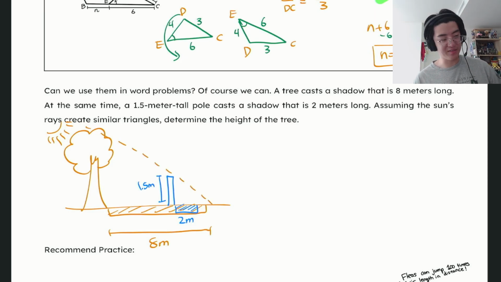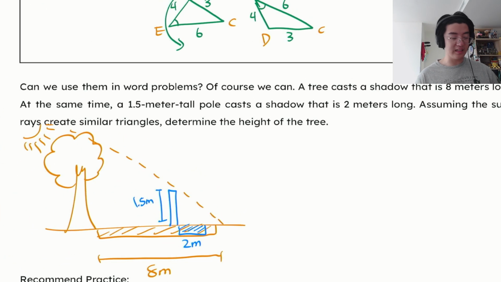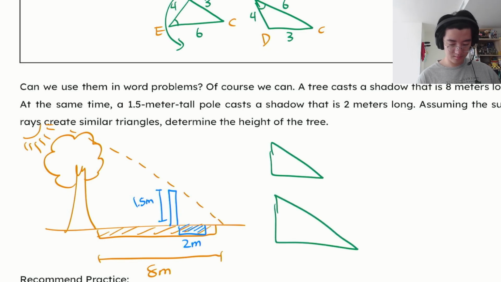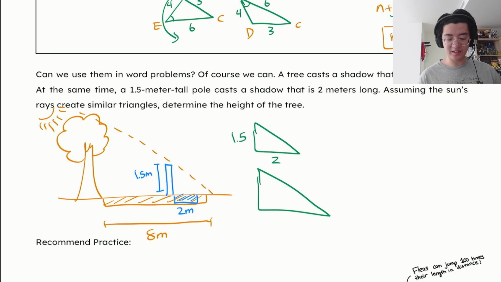It's not a very straight line, but right. So this is how you can see you got similar triangles here again. The rays hit the things so that both of those are similar triangles. So we get our 2 triangles. This is the pole, 1.5 tall and 2 meters of shadow.